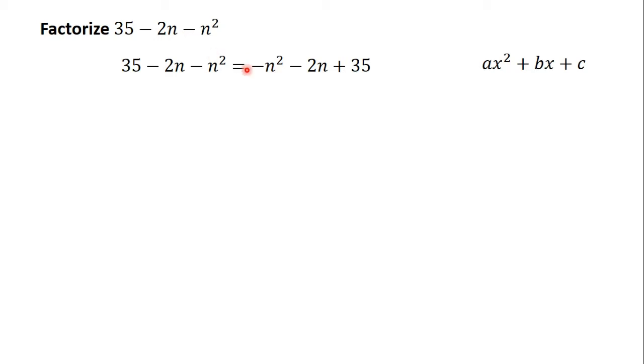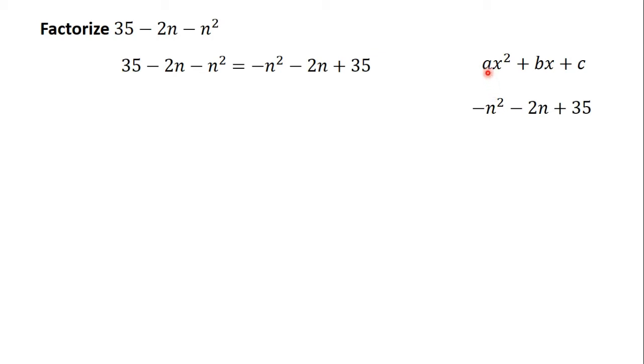It's minus here, so it will still be minus n squared. Minus 2n is minus, so it will still be minus 2n. 35 here is positive, so plus 35. So now we have minus n squared minus 2n plus 35. It's now arranged in the same way as the general form of a quadratic trinomial, so we can compare.